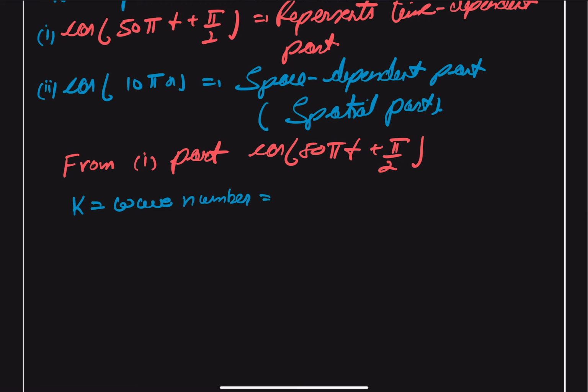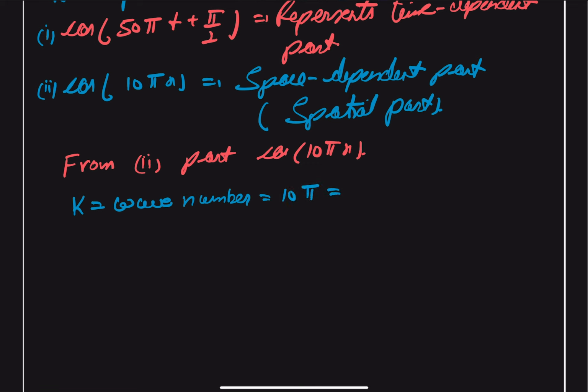The wave number will be equal to 10 pi, which is equal to 2 pi upon lambda. Here pi and pi cancel out, and this gives us lambda equal to 2 upon 10, which is 0.2 meters.